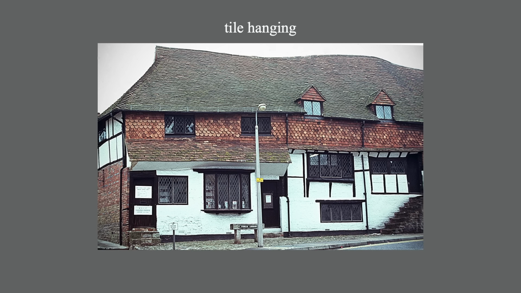To deal with it, builders frequently covered over both the framing and the noggin with ceramic tiles, often ones with decorative shapes. This practice is called tile hanging, seen on the upper story of this house. And notice the warping of the roof ridge here.